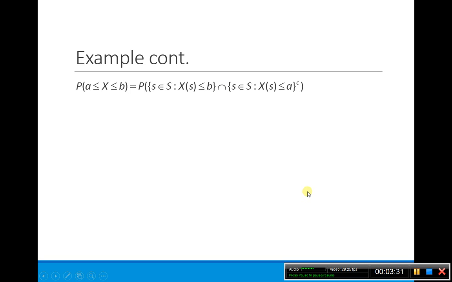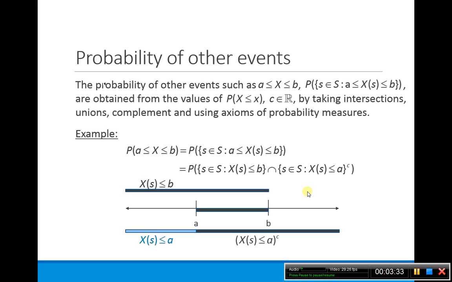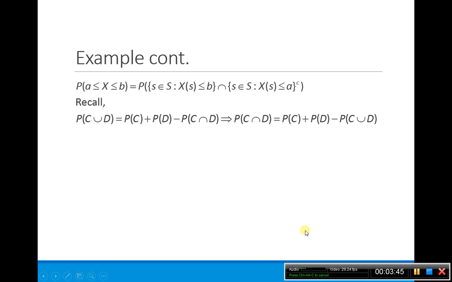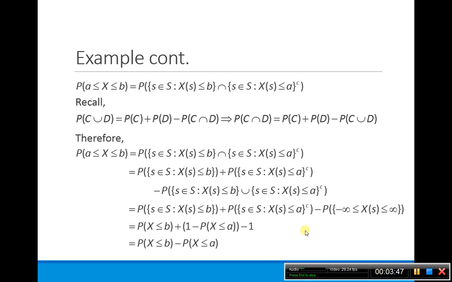So let's look at the previous slide. What is the union between this blue and this dark blue? Well, it's the entire real line. So going back, we have the probability of this union, and this union is really just that capital X is on the real number line.